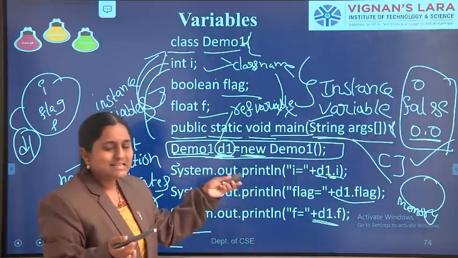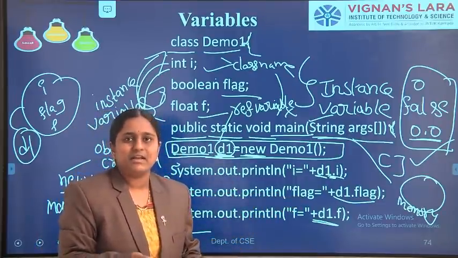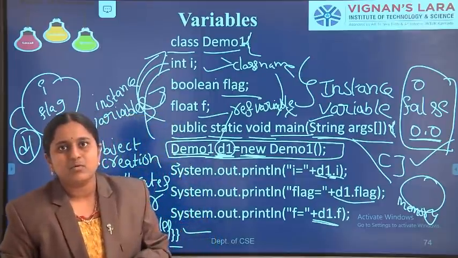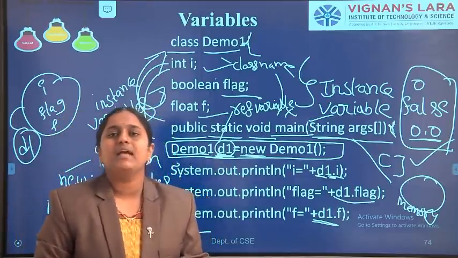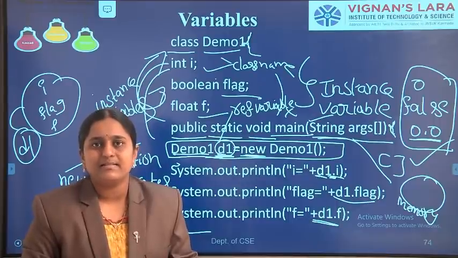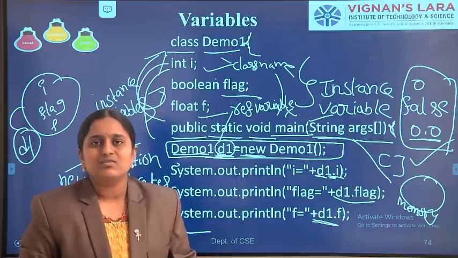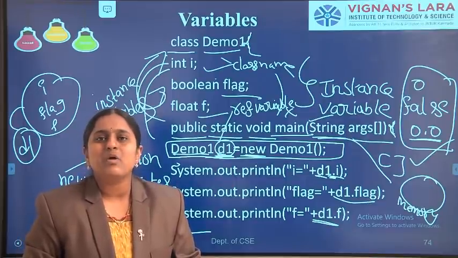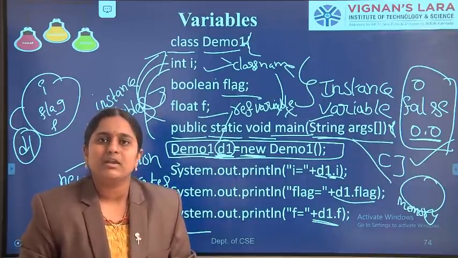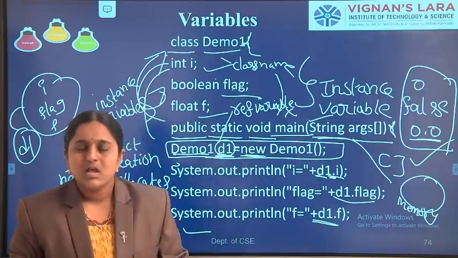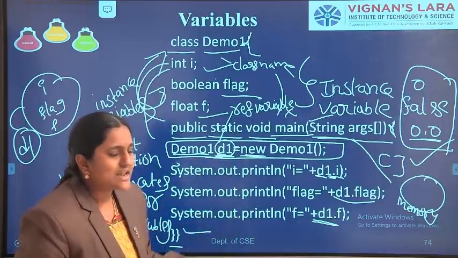So this is nothing but instance variables. What is the difference between local variables and instance variables? Any variable defined within a method, constructor, or block is called a local variable. Access modifiers cannot be used with local variables, and default initialization is not applicable to local variables.